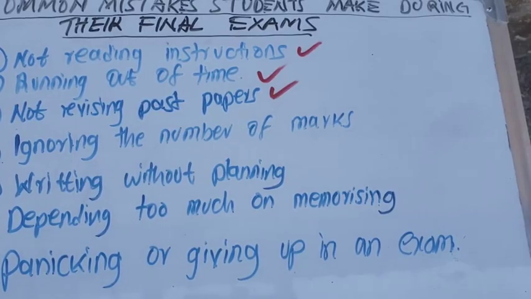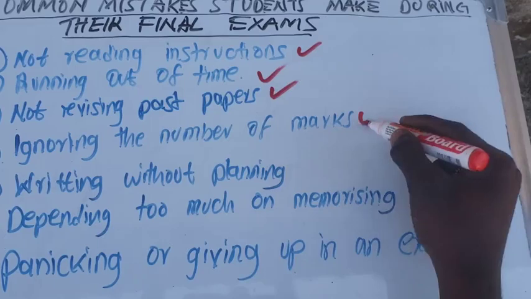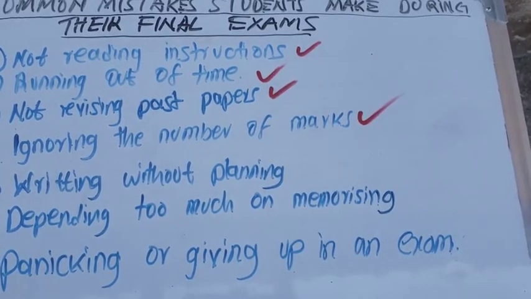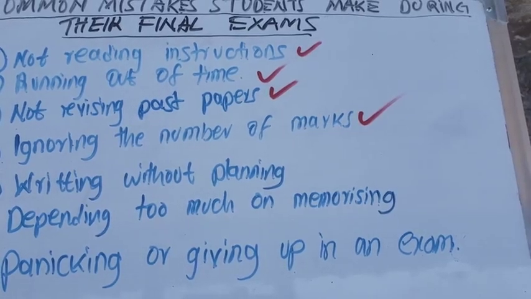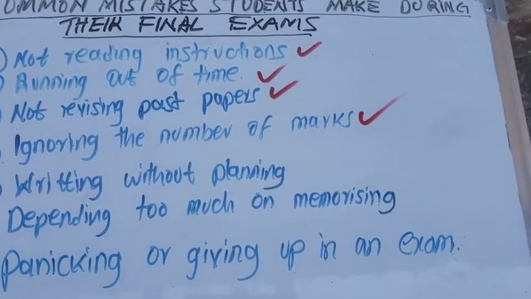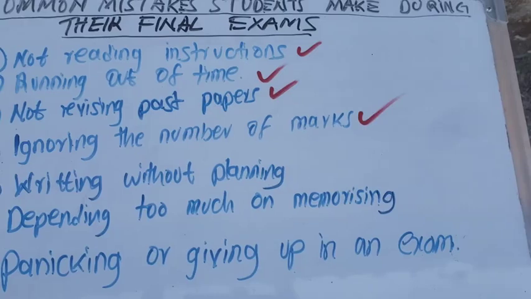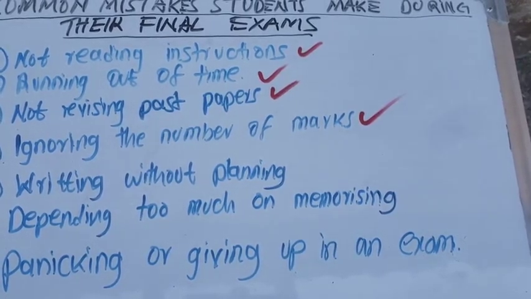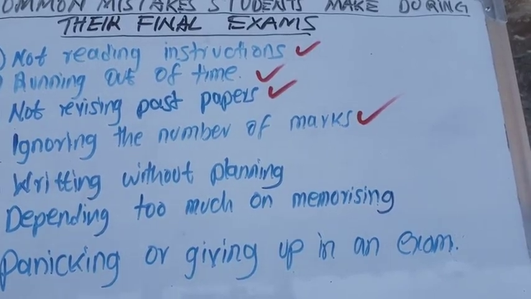Then number 4, ignoring the number of marks. You just want to start answering the question without considering the marks that they have given that question. How can you write a full paper just for the question which carries 2 marks? How can you provide 2 points, 2 lines for the question which carries 10 marks? So you should consider the number of marks.